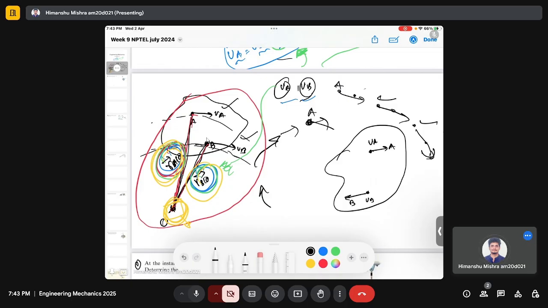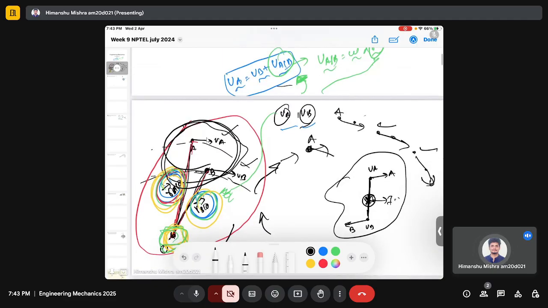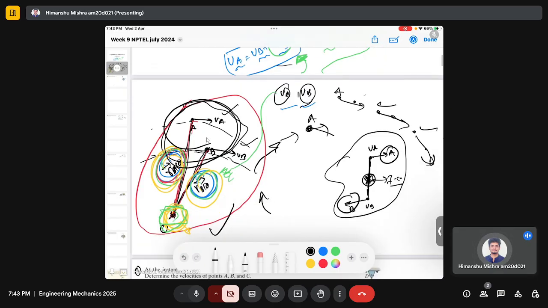So for point A, this should be this, and for point B, this should be this one. So this will be my instantaneous center, this point. Unlike the previous case, where my instantaneous center lies outside of the body, here the instantaneous center lies inside the body. So it can lie either outside or inside the body. It actually depends on the direction of velocity.